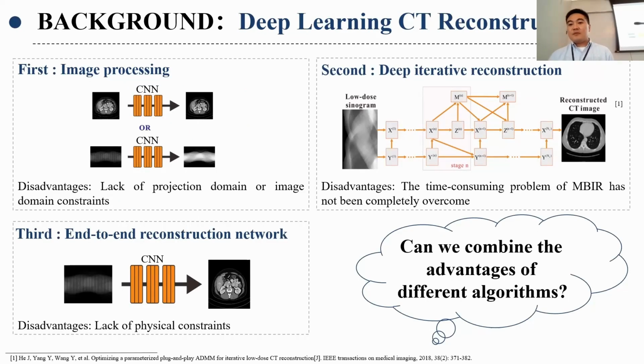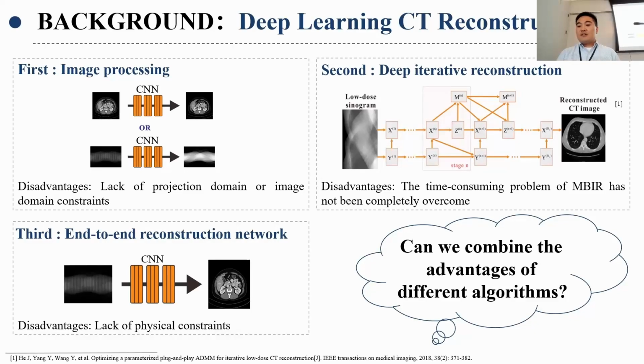The development of deep learning offers new possibilities for sparse-view CT reconstruction. Many studies have shown that using deep learning for sparse-view CT reconstruction can obtain excellent reconstruction results. In general, CT reconstruction algorithms based on deep learning can be divided into 3 categories. The first category trains a network mapping from low dose data to normal dose data in the image domain or projection domain to improve the quality of image reconstruction.